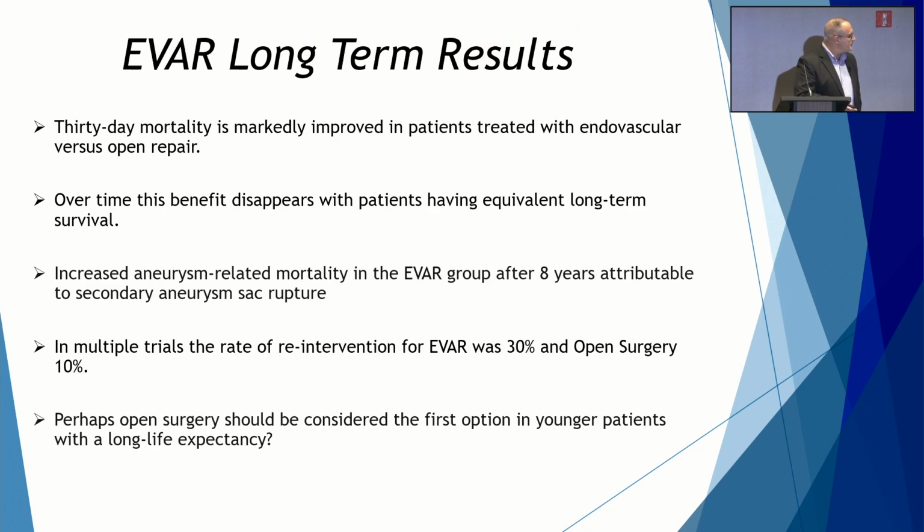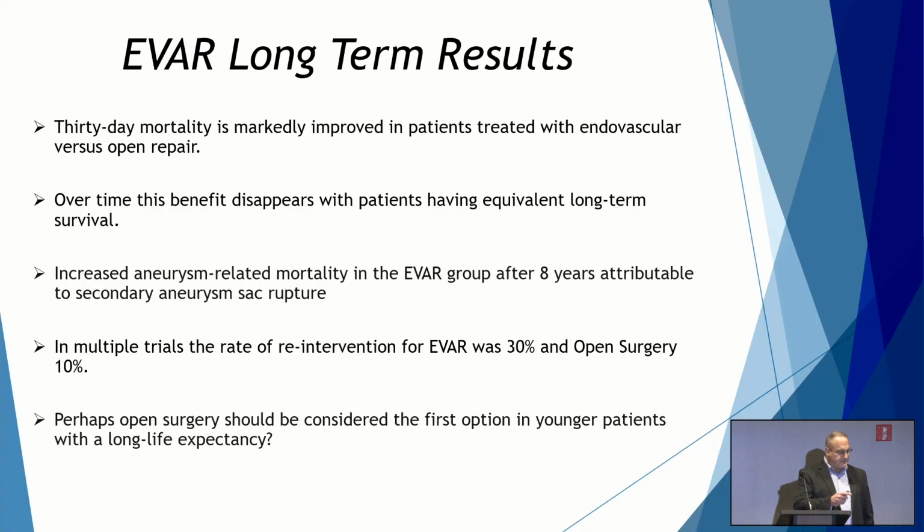Let's go back. So 30-day mortality is markedly improved, and that's a big point. That can't be taken for granted because once those patients are lost, they're lost forever, and we do have better perioperative mortality with EVAR. This benefit will disappear as we go longer out in life.